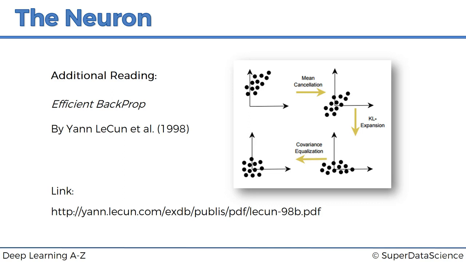He's a close friend of Geoffrey Hinton, whom we've already mentioned. In this paper, you'll learn more about standardization and normalization, but also you can pick up lots of other tips and tricks, and it'll be a good source for additional reading as you go through this course. So definitely check it out.